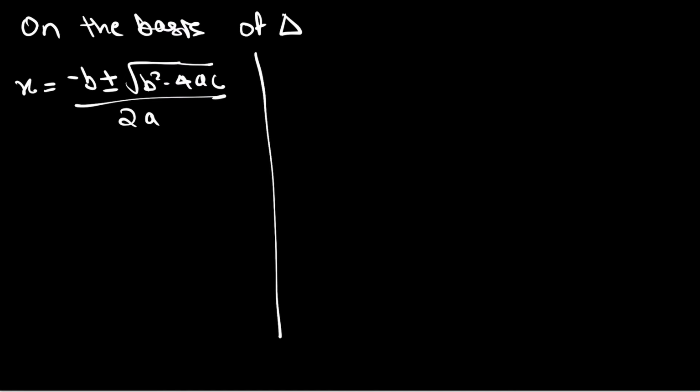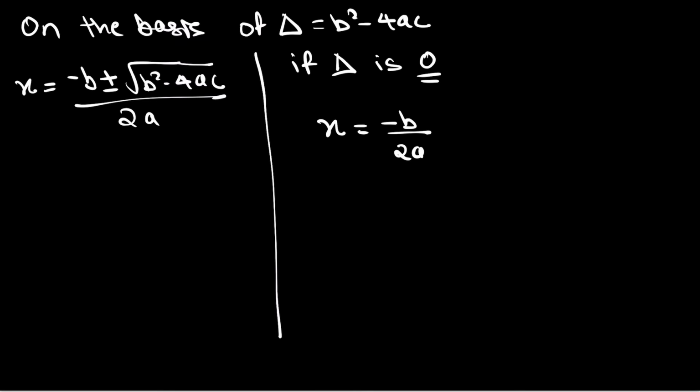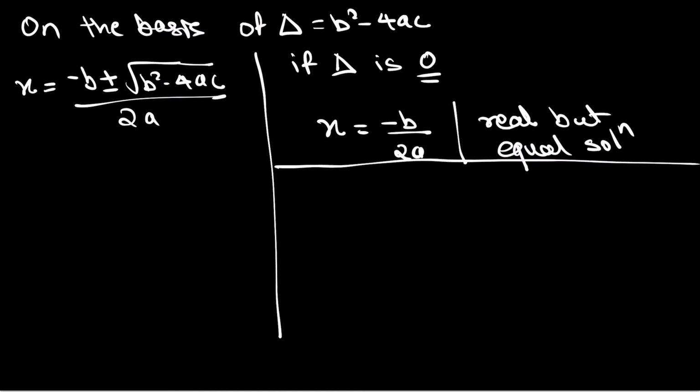Let's say if delta, which is equal to b square minus 4ac, is 0, then what happens to our formula? x becomes minus b by 2a. Now in this case I am getting only one solution, which gives me real but equal solutions. I hope this is clear.